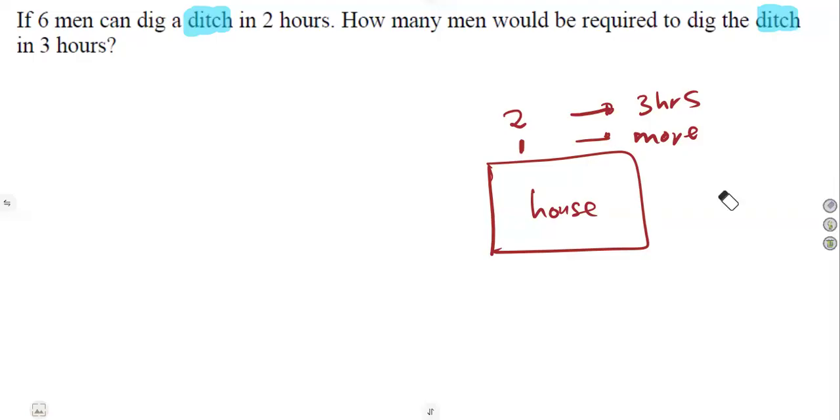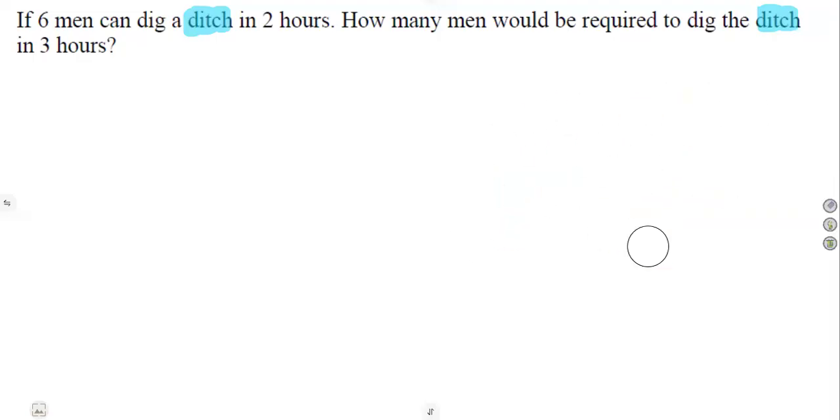The same way that we're answering those questions of a rate. You were saying 6 men, right? The number of men is going to take 2 hours. How many men? You need to know the number of men that will dig the same ditch, but in 3 hours. Guys, this one is going to be an inverse reality, because in 3 hours here, the time is more.